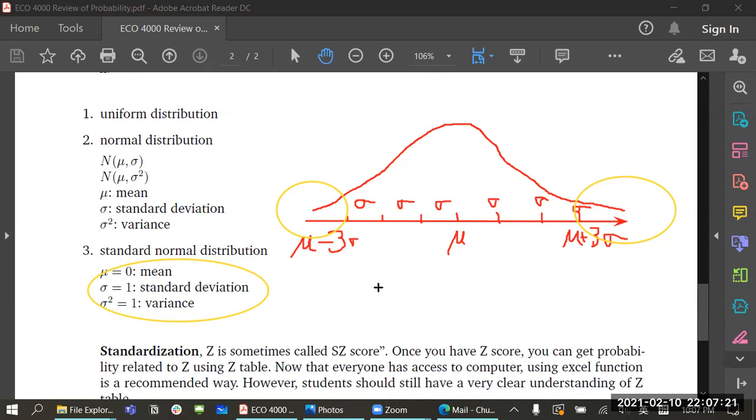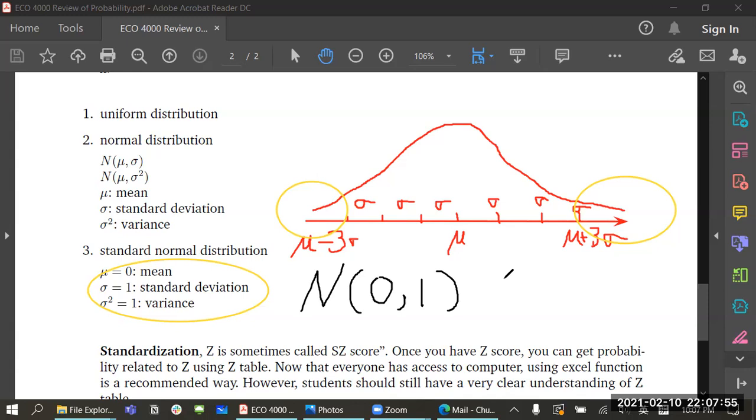The standard normal distribution is always written as capital N(0, 1). This 1 here, you can call it standard deviation or variance, because no matter which one, it's always 1. Whenever you see N(0, 1), you know that it's a standard normal distribution.